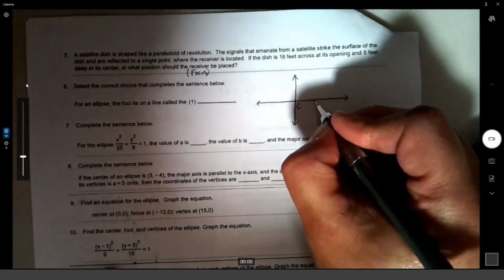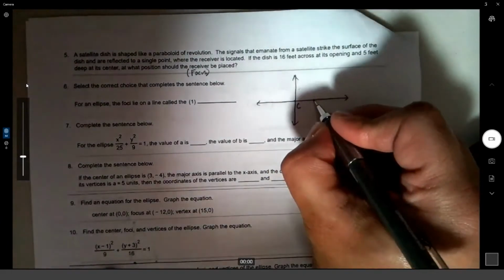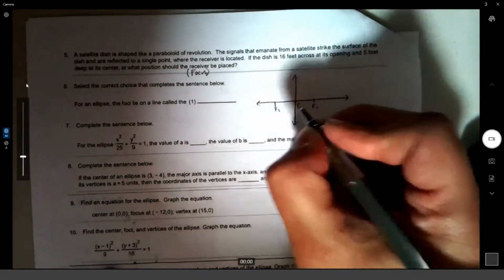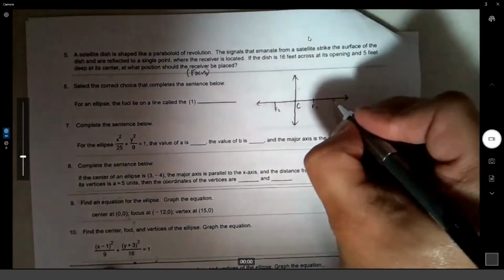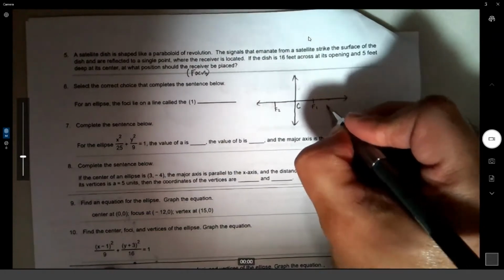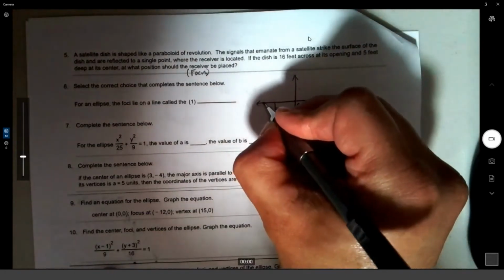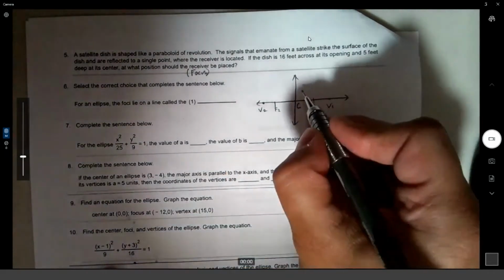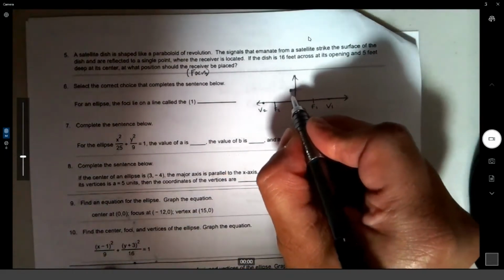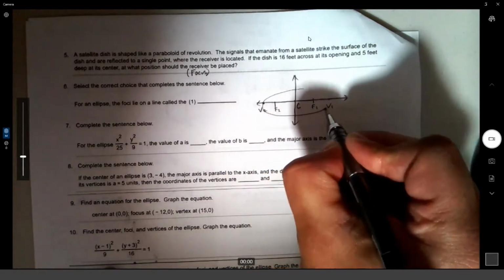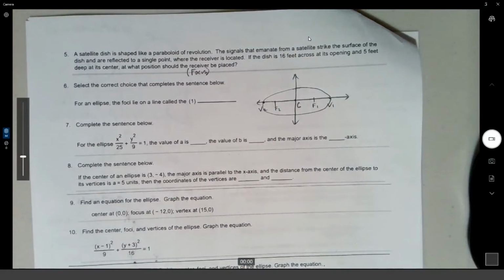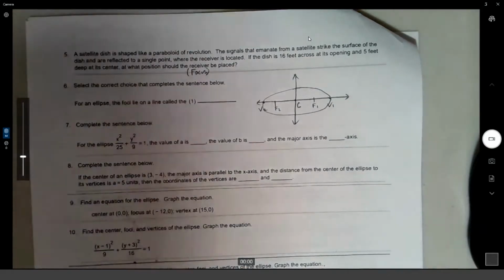It has two foci. Focus one, focus two. It has two vertices. Vertex one, vertex two. Okay. And so it will look something like this. The ellipse will pass through the vertices. Okay. Not through the foci.